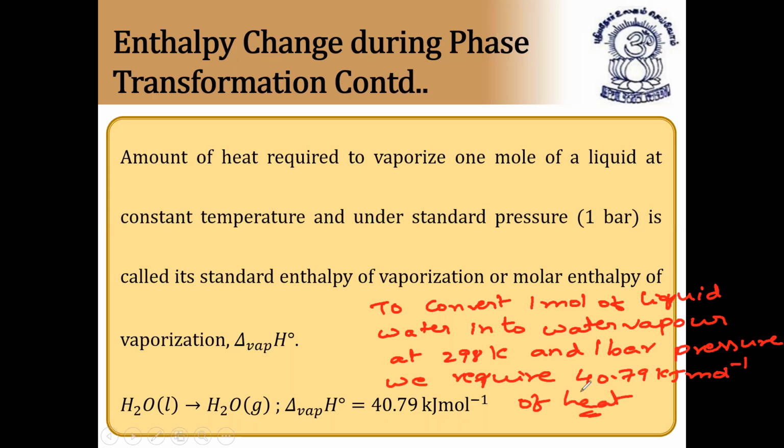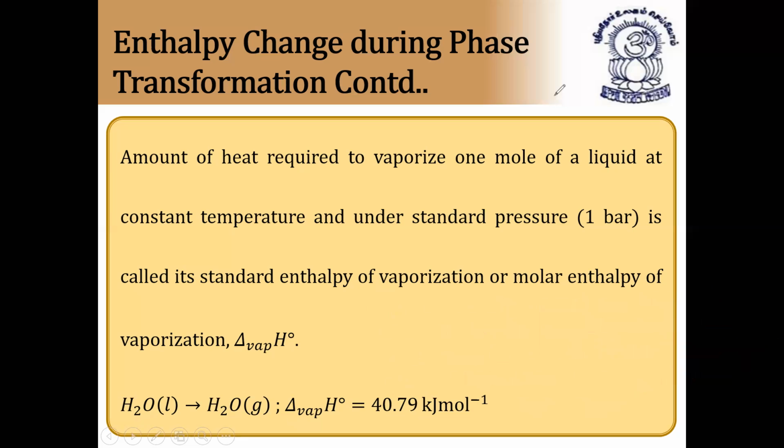So this is called standard heat of vaporization, because the process is liquid converted into vapor. So standard heat of vaporization is 40.79 kilojoules per mole. I hope it is clear. So solid to liquid is melting, and liquid to gas is vaporization.